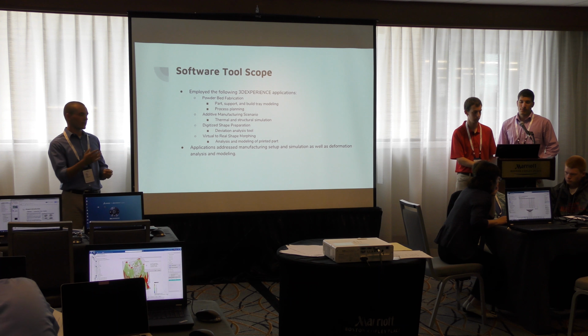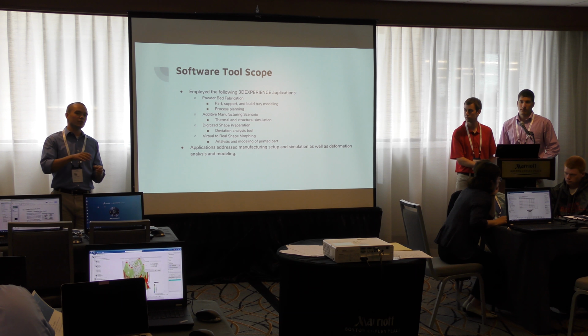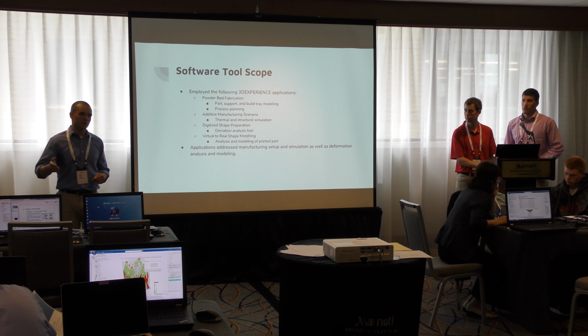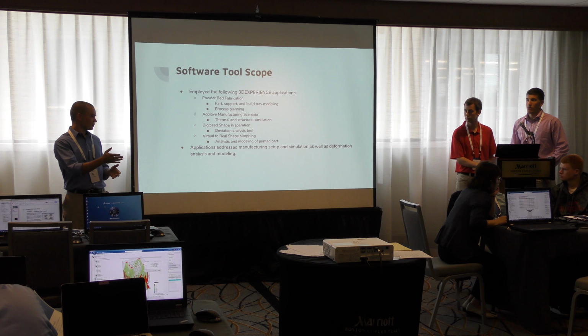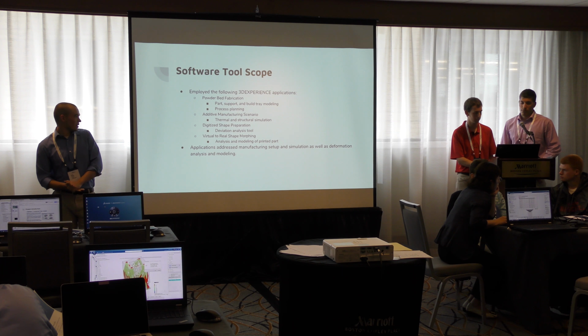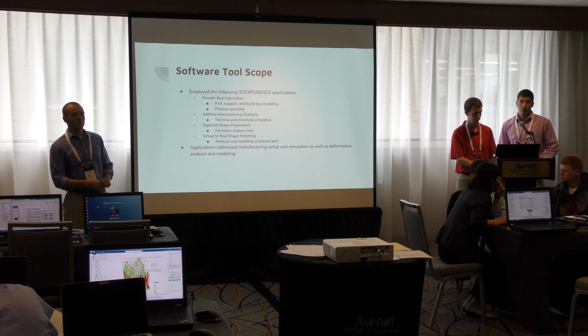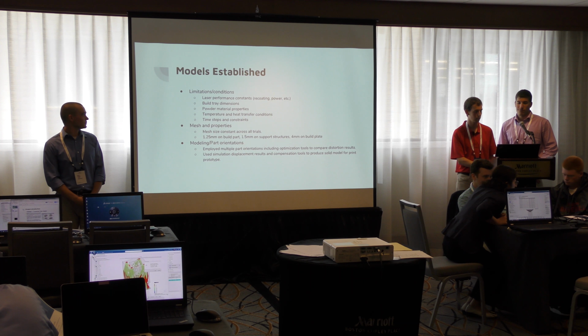We could create a vector field, and that also gave us vectors for displacement as well as temperature and several other variables that were then used to make other models to do more comparisons and figure out exactly what was going on. These applications addressed the setup and simulation as well as the deformation analysis and all the modeling necessary to do all the changes.